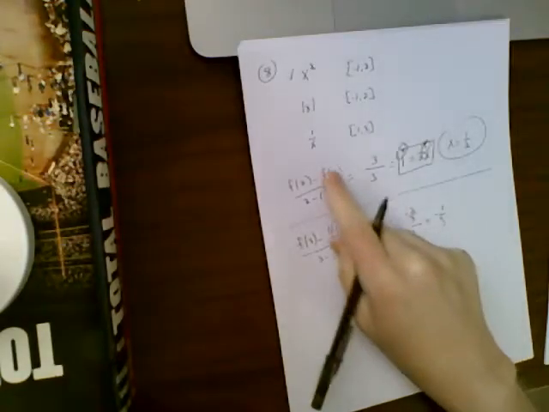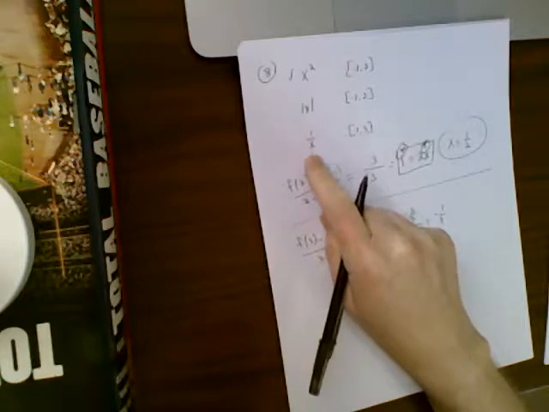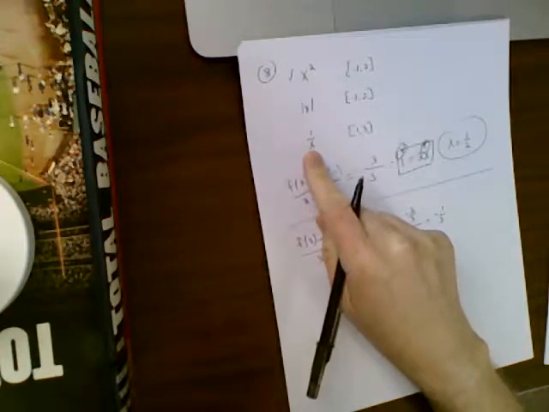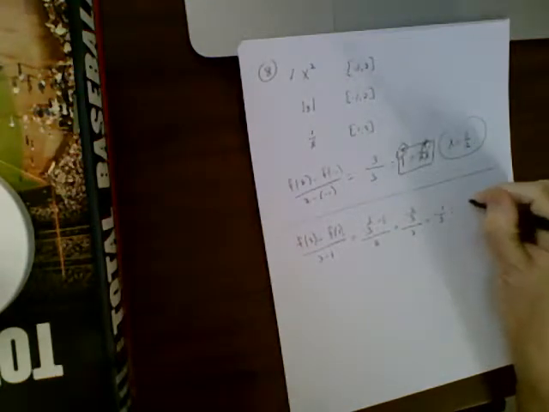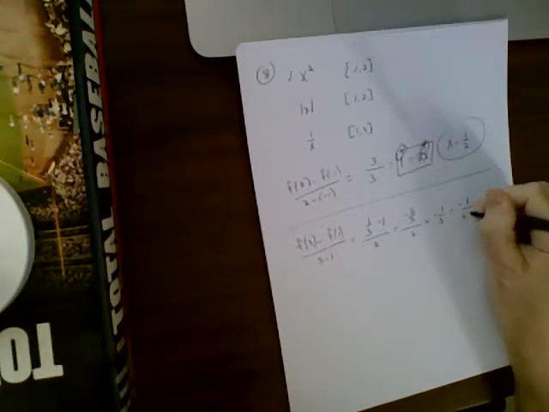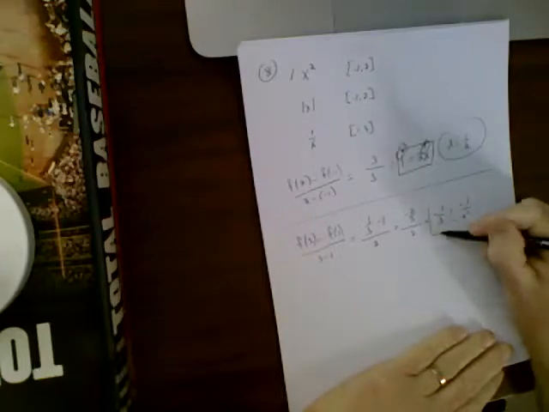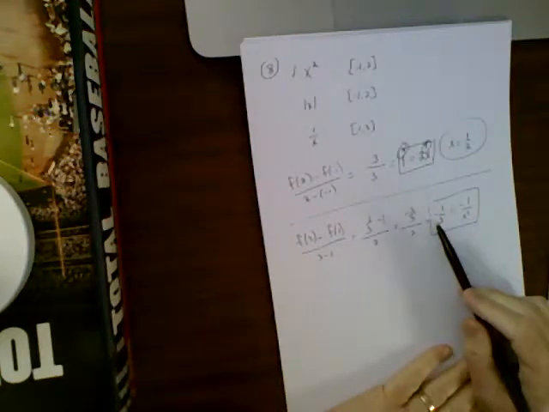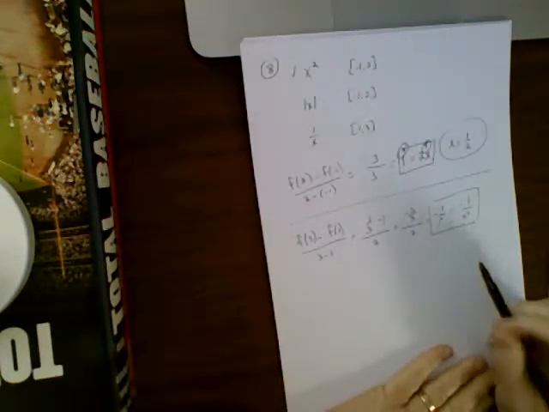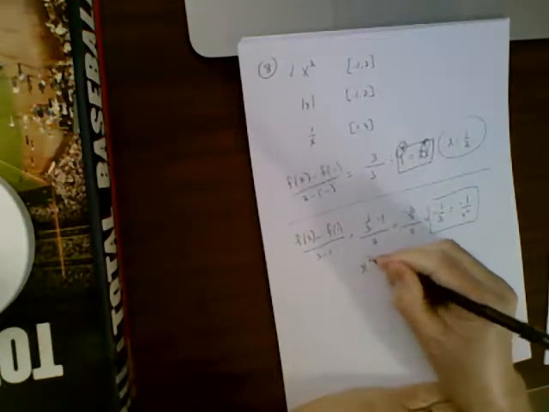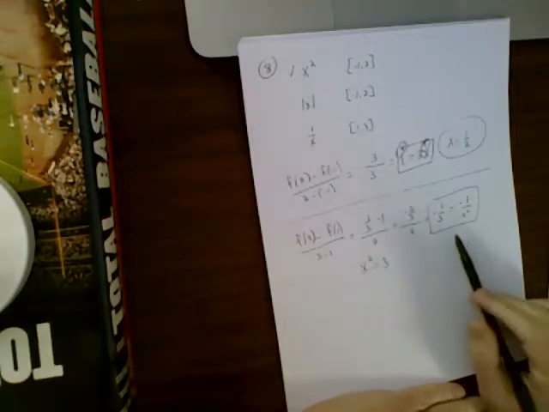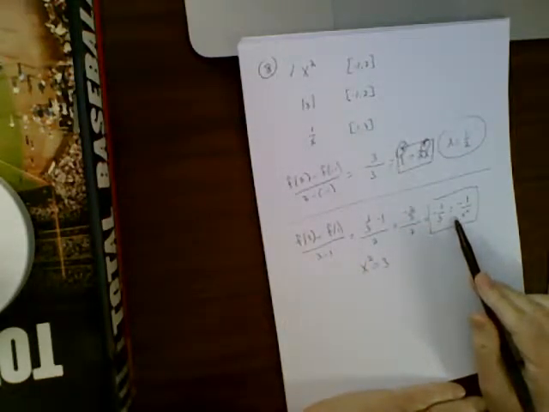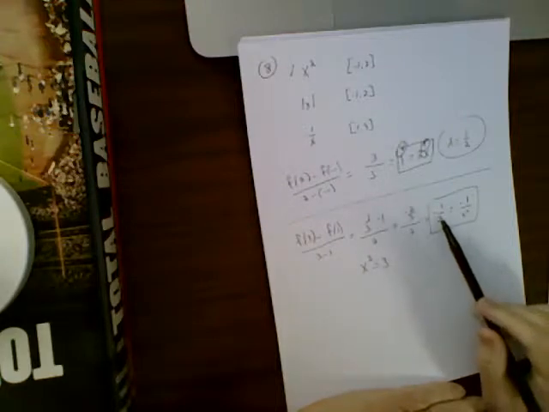Well, let's see what the derivative is. The derivative of x to the -1 is -x to the -2, or -1 over x squared. So here is the average rate of change. Here's the exact rate of change. We have to figure out when these are equal. Well, they're equal when x squared is equal to 3, but it has to be a point in the interval.